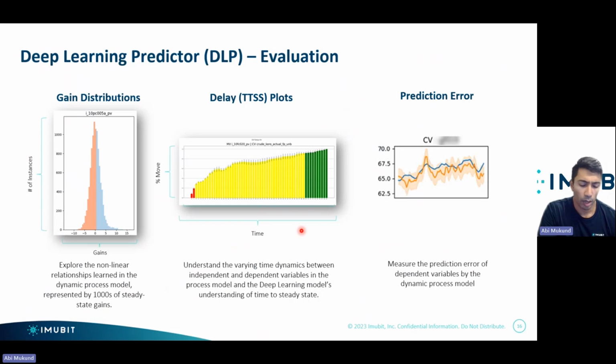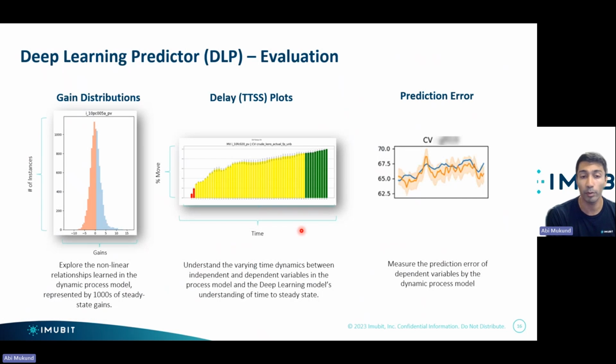Okay. So a way of simplifying how the deep learning predictor learns, remember, its goal on a technical level is to learn how to predict dependent variables dynamically. But a way to simplify that for us to understand, as process experts, is to understand that it's learned thousands and thousands of steady state gains.